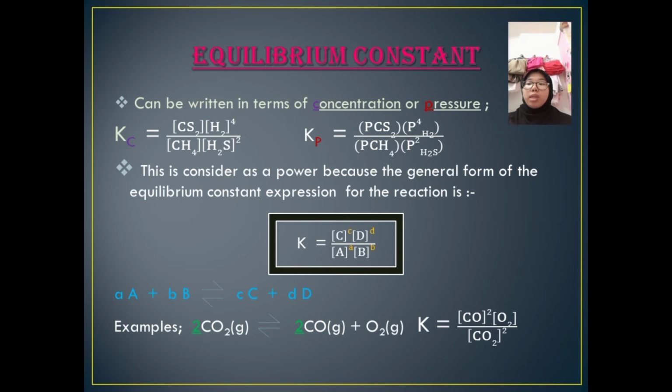So this means that K equals bracket CO to the power of 2 times O2 over CO2 to the power of 2.